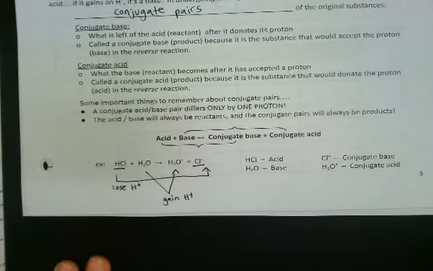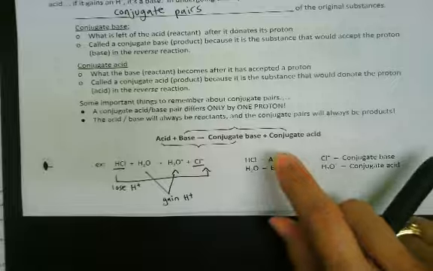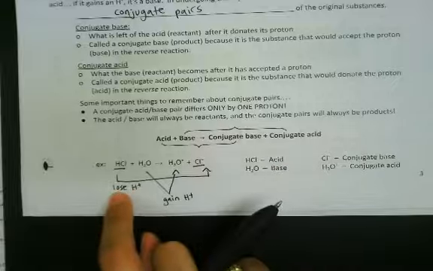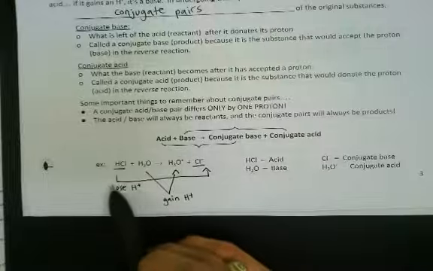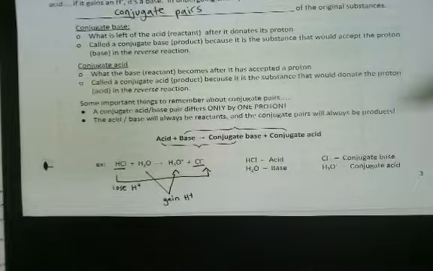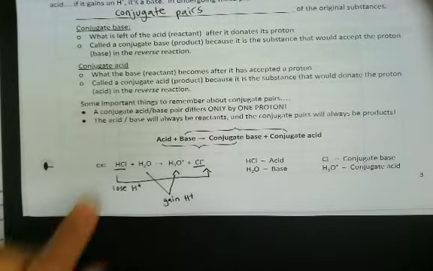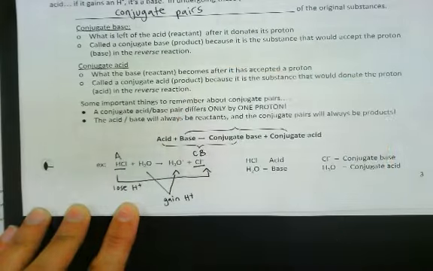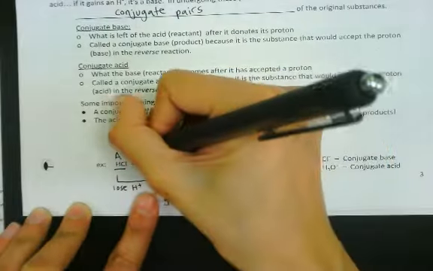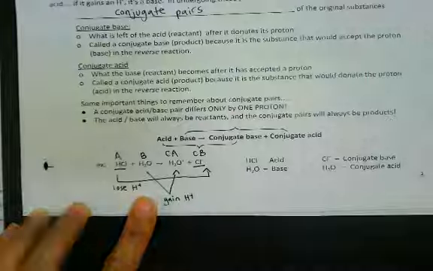So again, using our Bronsted-Lowry definitions, we can identify something as an acid or base depending on whether it's losing or gaining a proton, or a hydrogen ion, which is another way to name a proton. So I really like to draw these arrows out and then define that, because if I know that an acid loses a proton, I can very quickly identify my acid and its conjugate base, as well as my base and its conjugate acid.